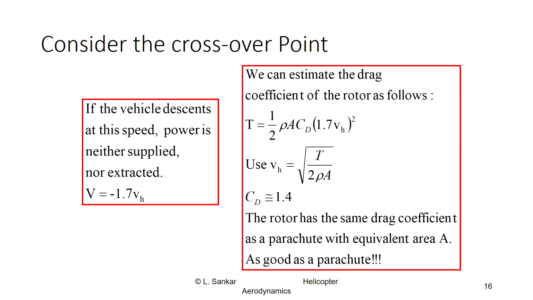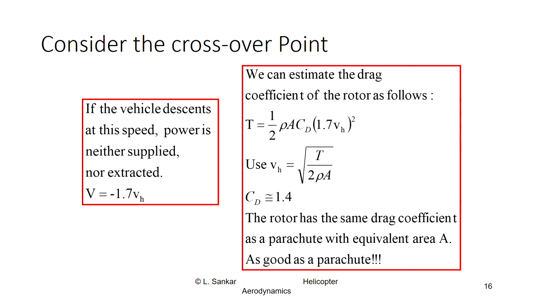Then what you would get is an expression for CD equal to 2 times 2, 4, divided by 1.7 squared, which is 2.89. So this is 1.4. So this is the effective drag coefficient of the rotor when it's in descent. It turns out parachutes, when you test them in vertical descent, with a base area, capital A, remember it's got a dome-like shape, so the bottom of it is a circular shape.